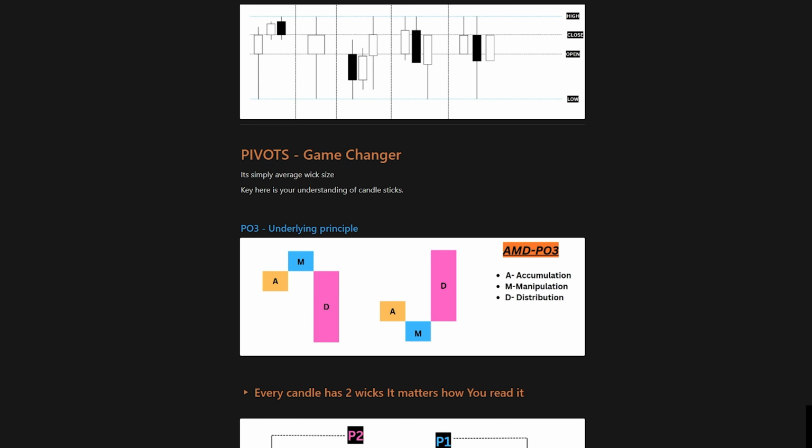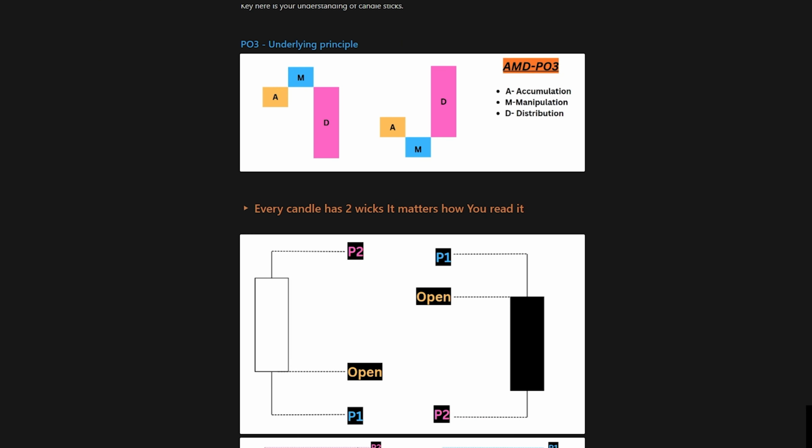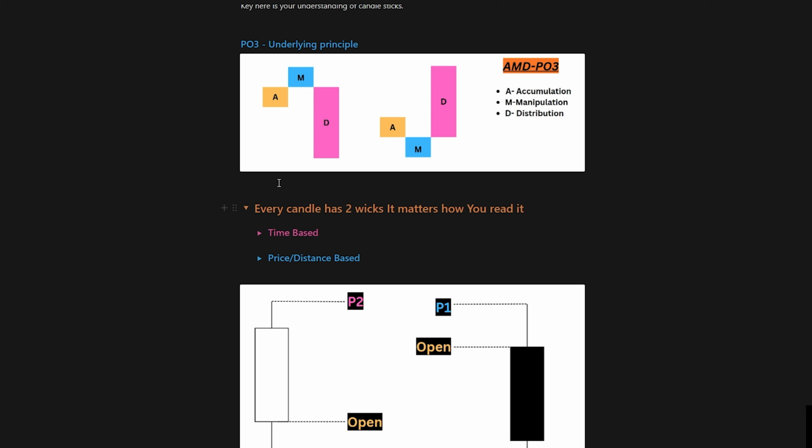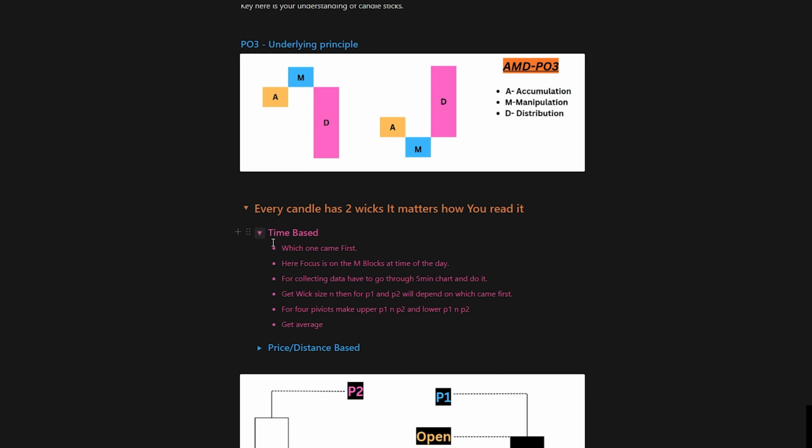For now, let me explain this. Every candle has 2 wicks. Even if the wick size can be 0, it's still a wick. So there are 2 ways to calculate the average wick size, or the pivots as you say. The first is time based. Which one came first?